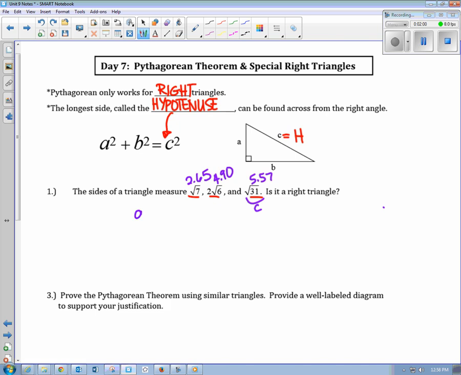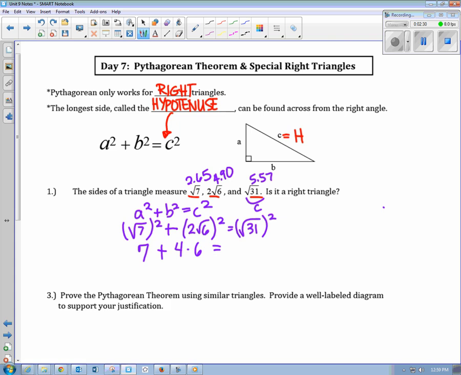So when I substitute into Pythagorean theorem, a squared plus b squared equals c squared, I have radical 7 squared plus 2 radical 6 squared equals radical 31 squared. Now, at first glance, you may think that this looks extremely difficult, but remember, if we have radical 7 squared, that's just 7. 2 radical 6 squared, I'm going to square the 2 and get 4, square the radical 6 and get 6, and then radical 31 squared is 31.